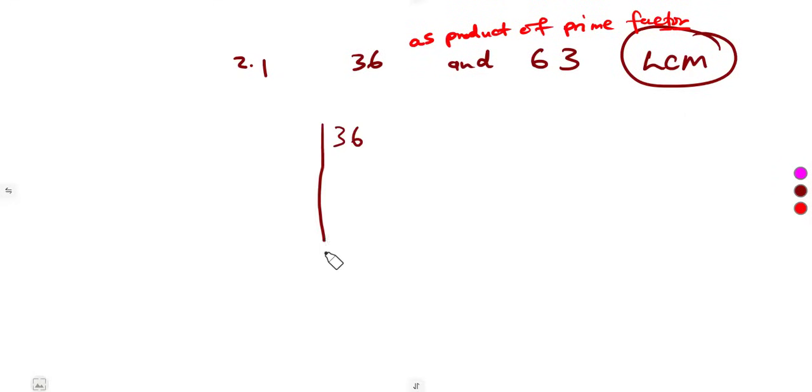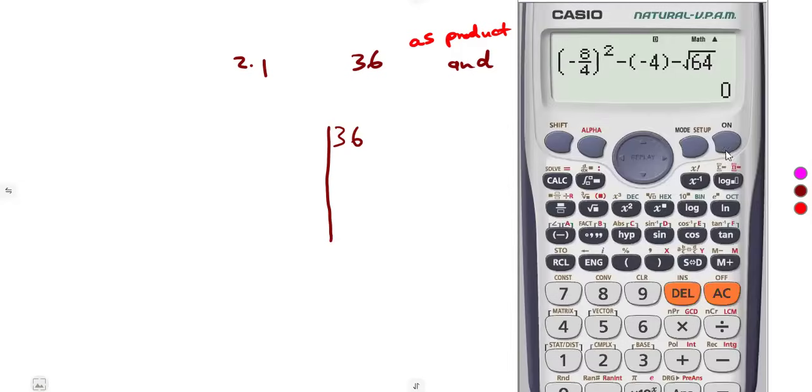When we are saying the prime factors, yes, the calculator can do this for you, because most of you will say you could have just used a calculator. Yes, you can do that. How can I use my calculator? You start with the number, 36, equal to, then shift fact. As you can see, it gives you the answer.